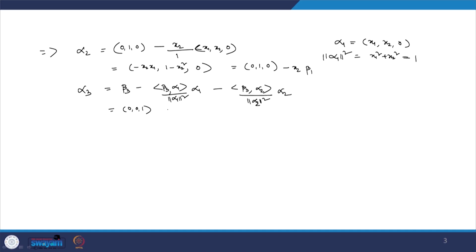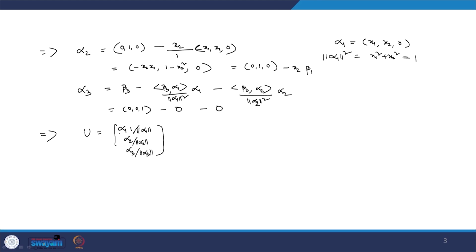Similarly, the inner product of beta 3 and alpha 2 is also 0. So, U equals alpha 1 by norm of alpha 1, alpha 2 by norm of alpha 2, and alpha 3 divided by norm of alpha 3. This is the U matrix.